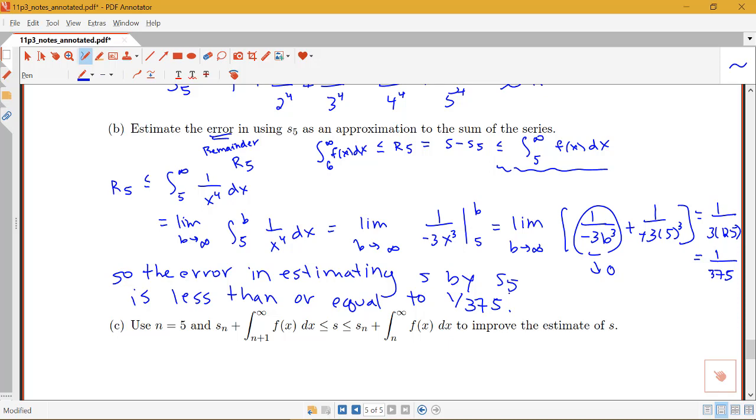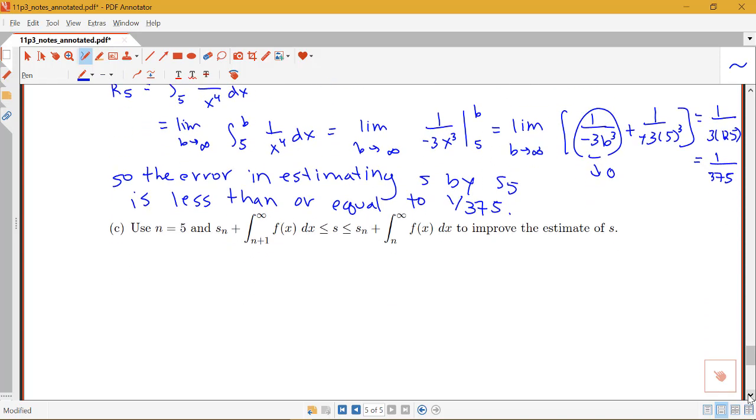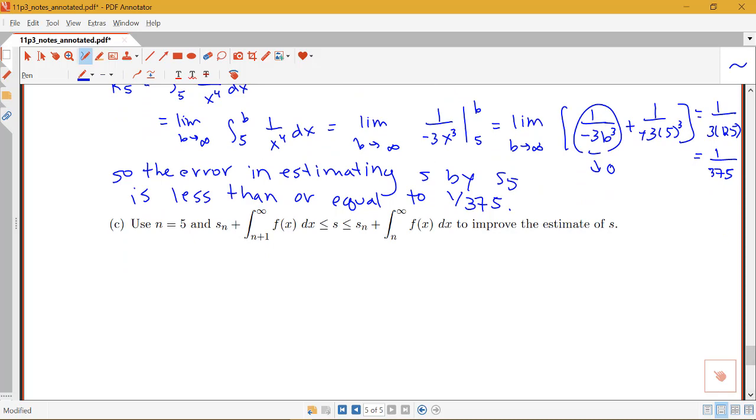So let's look at one step further we could do with our estimation theorem. We're given this inequality here. Where did this come from? Remember that Rn is between the integral from n plus 1 to infinity of f of x dx and the integral from n to infinity of f of x dx.